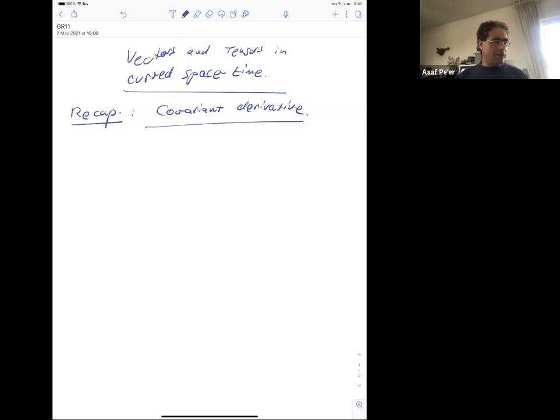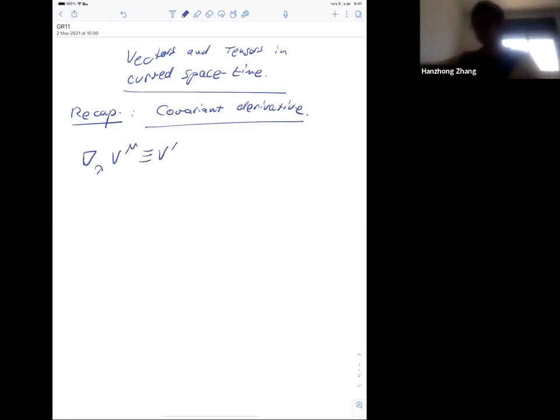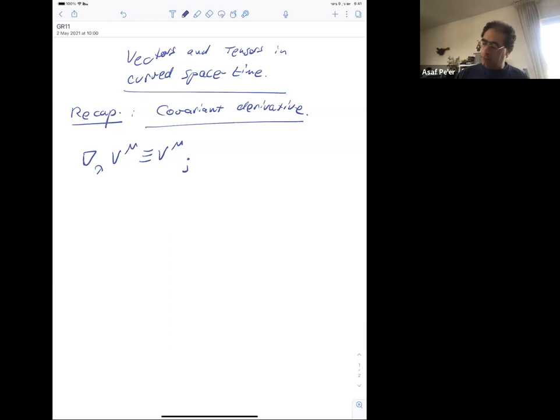And then we looked at the transformation of the affine connection. I'm not going to repeat all this because there was a lot of algebra there, just following all the steps and hoping that you don't get lost with any of the indices. But the end result was quite important. We were able to define the covariant derivative of a vector, which we denoted by capital delta lambda V mu, or V mu semicolon lambda.